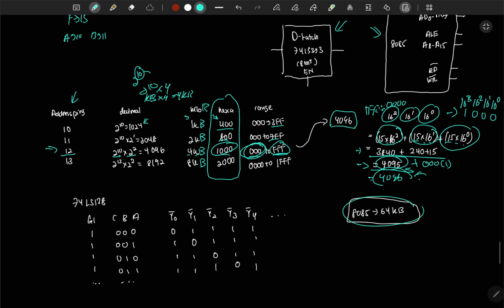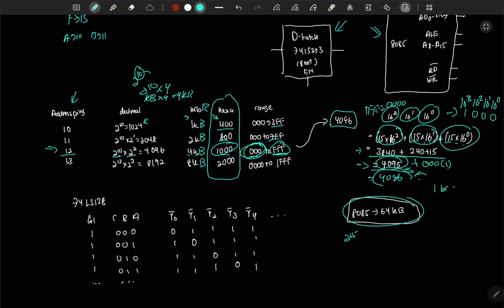Now as said, 8085 has 64 kilobyte addresses, which is equivalent to 2^16. We will separate it in nibbles.